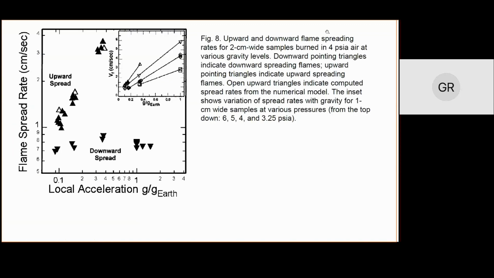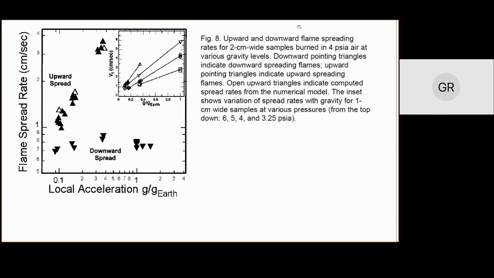Now here is the upward spread rate. If you look at the curve, the upward spread increases almost linearly with gravity. You have seen some open symbols there that come from the model, which is reasonably good.